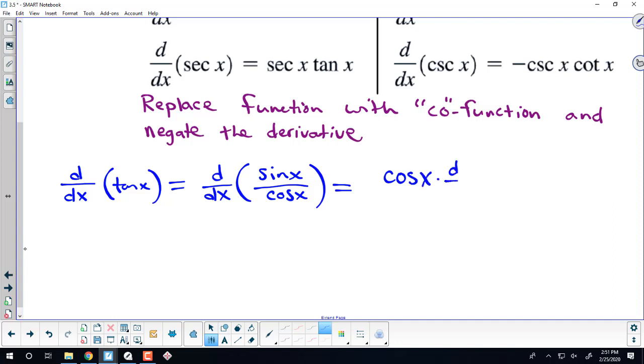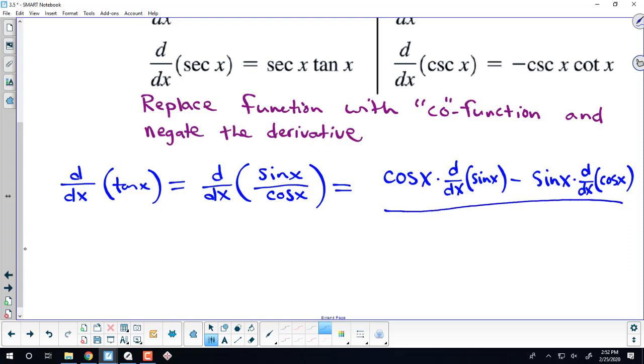We have the bottom times the derivative of the top, minus the top times the derivative of the bottom. And we have all of that over the bottom squared.